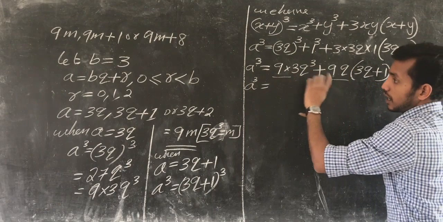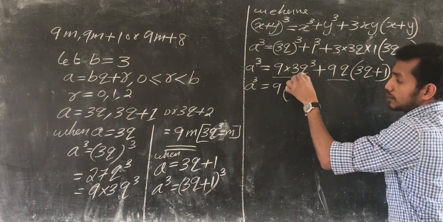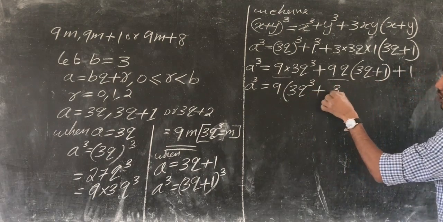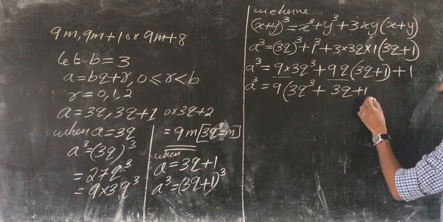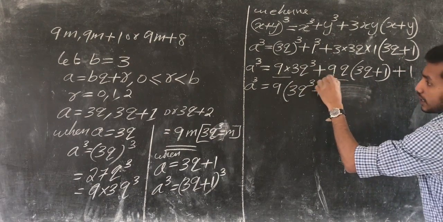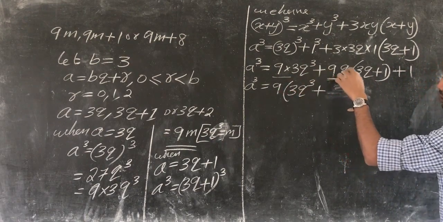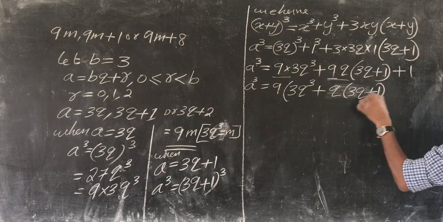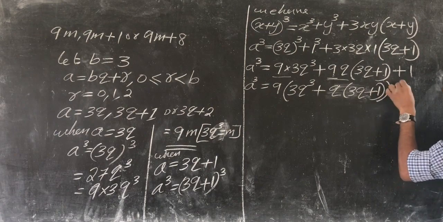So taking 9 outside, 9 into 3q cube plus q into 3q plus 1. Close the bracket.